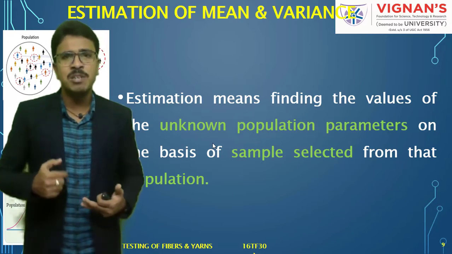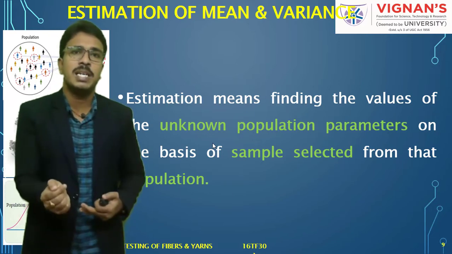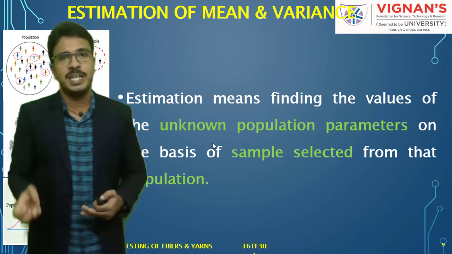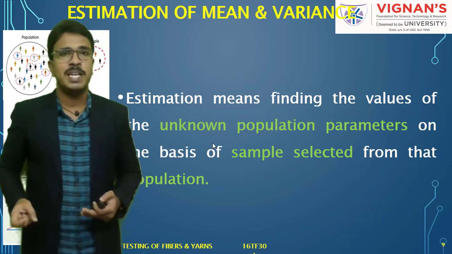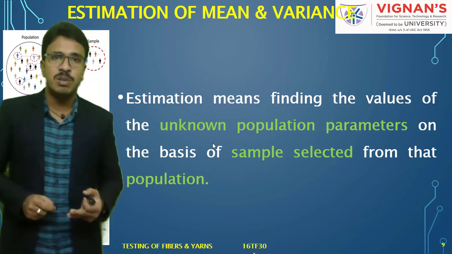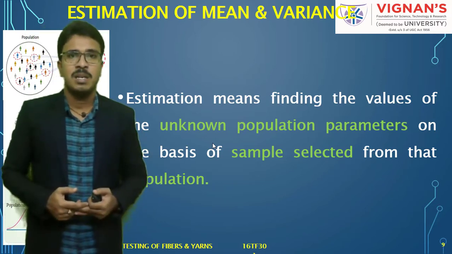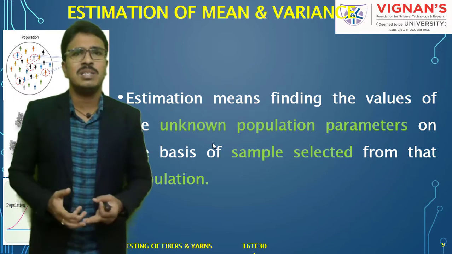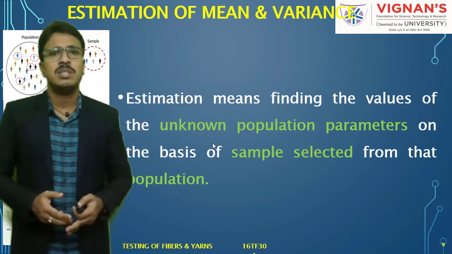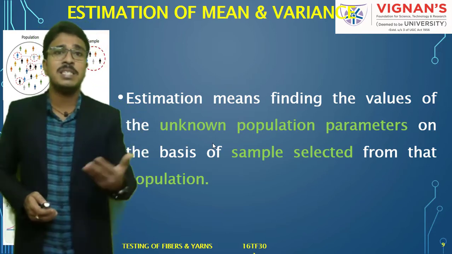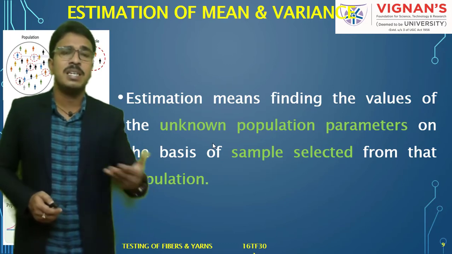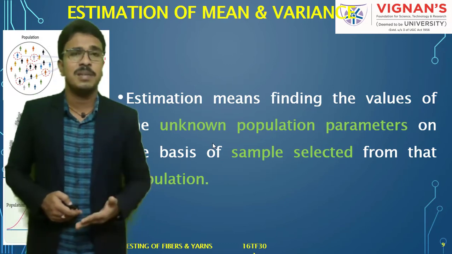Now first we will find out the meaning of estimation. I told you already what mean and variance are. Now we are going to discuss what estimation is. It's a general term only, nothing technical. For example, if you are estimating something, like what is the estimated expenditure of this month.